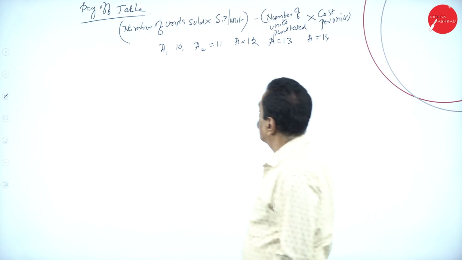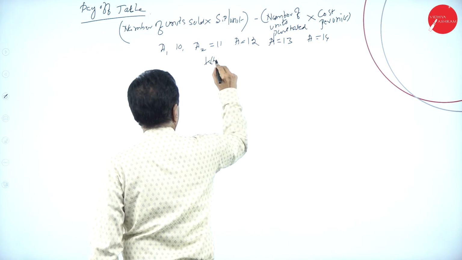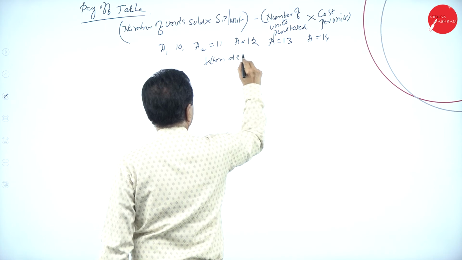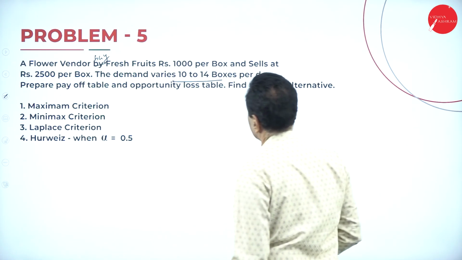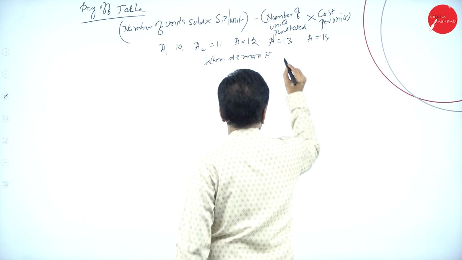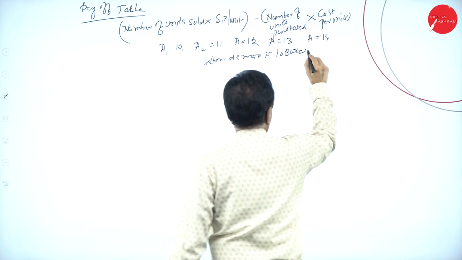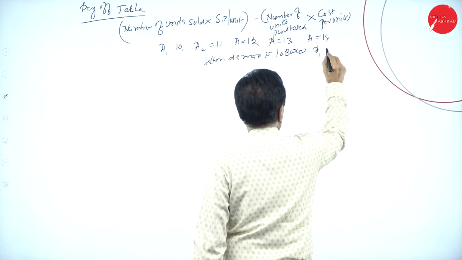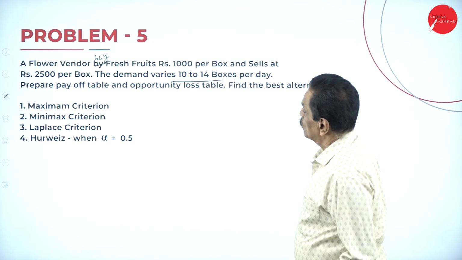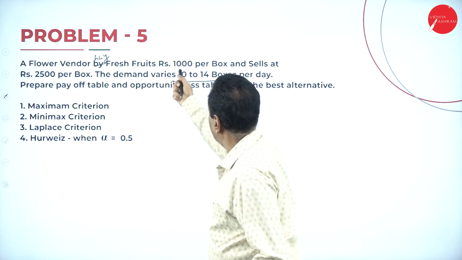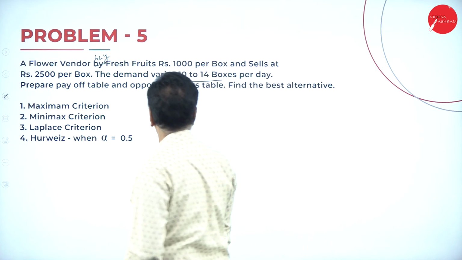So we'll move on. When demand is 10 boxes, that is A1 is equal to 10. Same formula, you have to see that. So how many boxes are there? 10. So it has been sold at rupees 2,500.